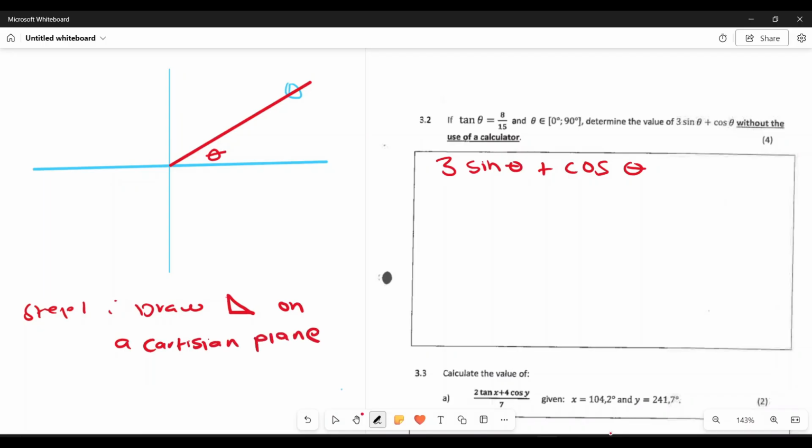Make sure that this right angle triangle is in the correct quadrant, taking into consideration the restriction that they gave you. They would always give you a restriction. Based on this restriction, make sure that your right angle triangle is in the right quadrant. So let me just finish off drawing this.